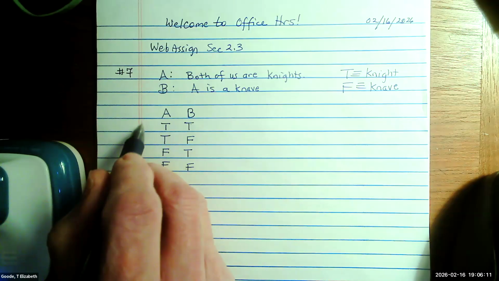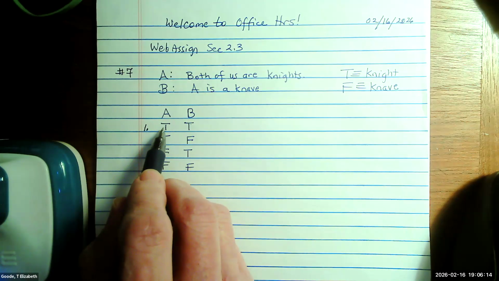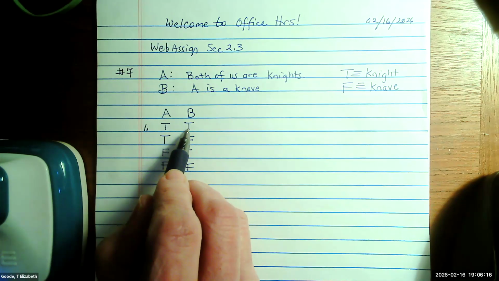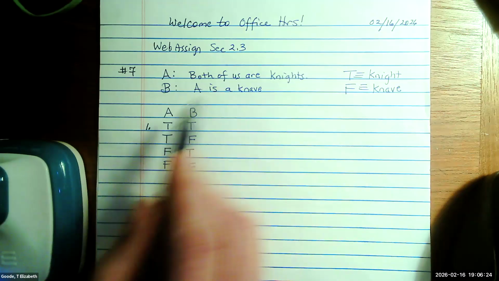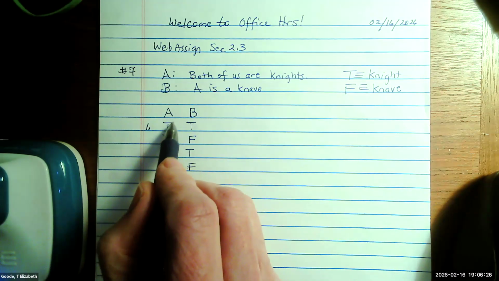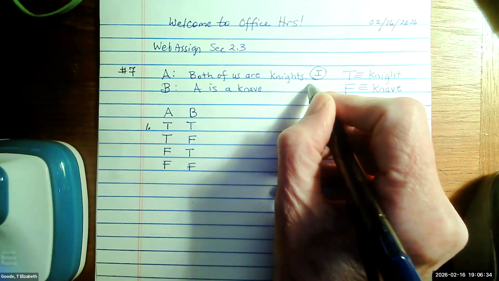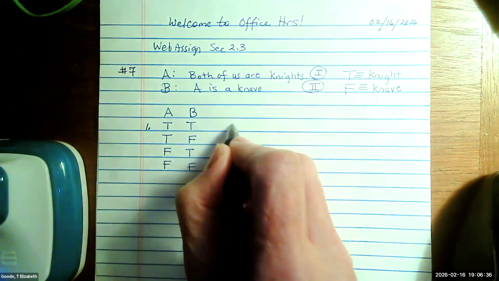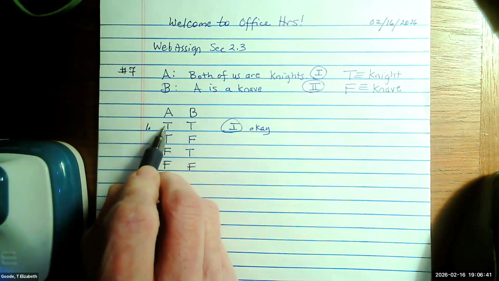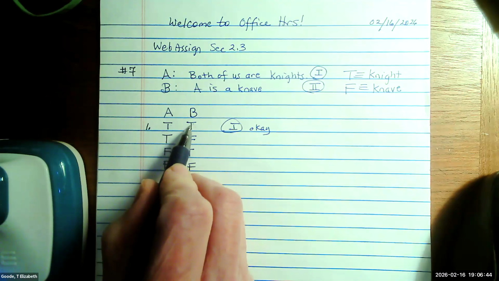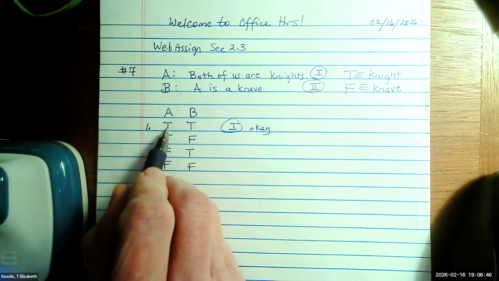For example, in row 1, A and B are both knights, correct? Because they're both telling the truth. A says both of us are knights, and that would jibe with A telling the truth. So if we call this statement 1 and this statement 2, statement 1 is okay in row 1 because it jibes with both of them being knights and A telling the truth.